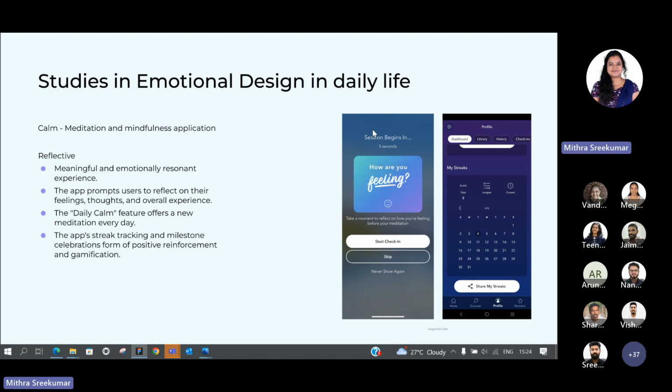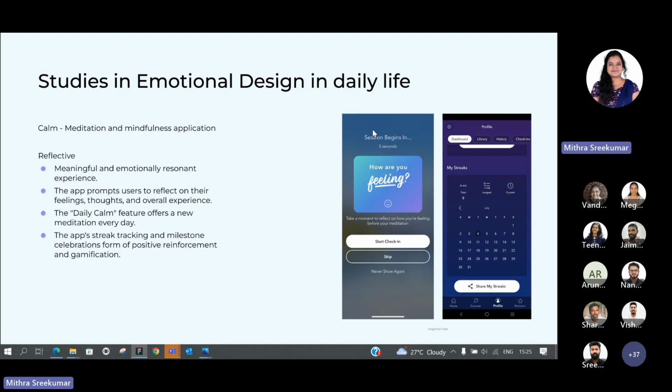That means it is creating that sense of connectivity, and that attachment is created by that, and that emotion evokes the user, and it will keep the user in that memory, and that is all that is intended by that application.